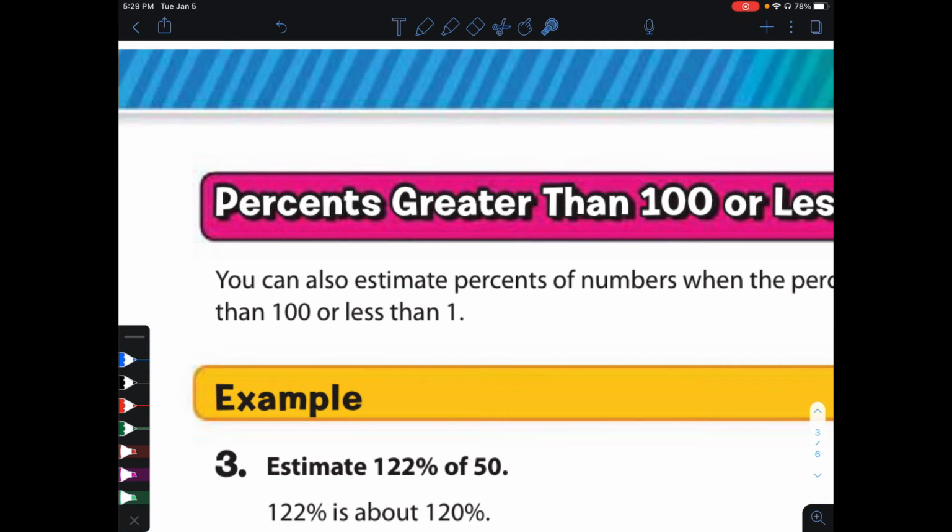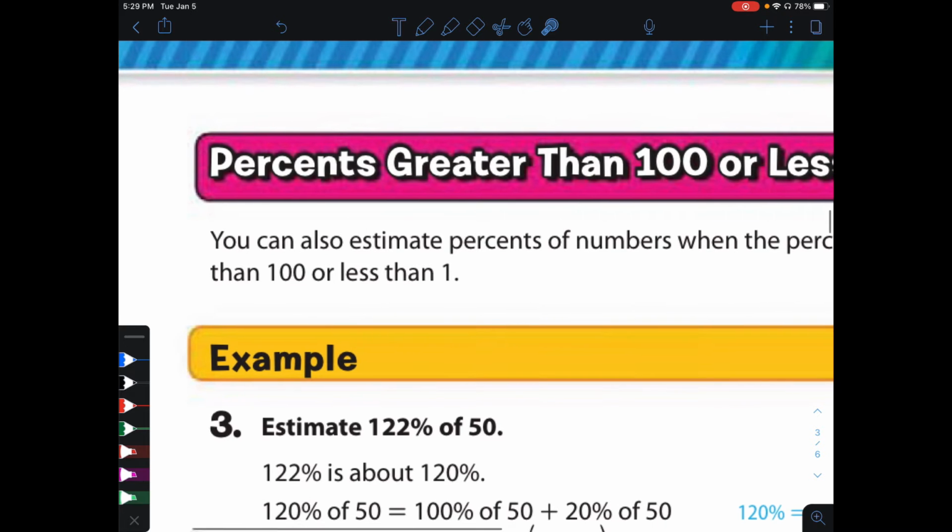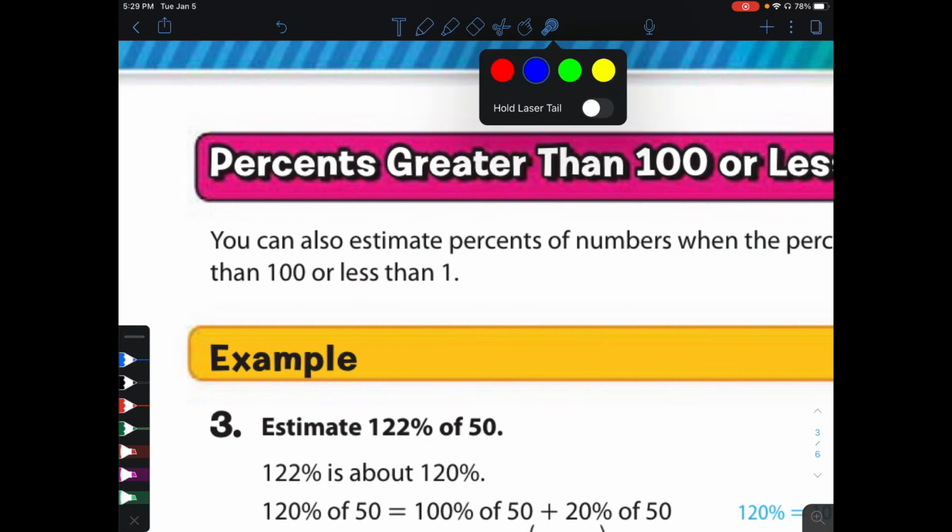And from what we learned in the last lesson, we will get 120% of 50. So we also know that 120% is 100% of 50, and it's also 20% of 50. So we want to get 100% of 50, and we are going to add 20% of 50.